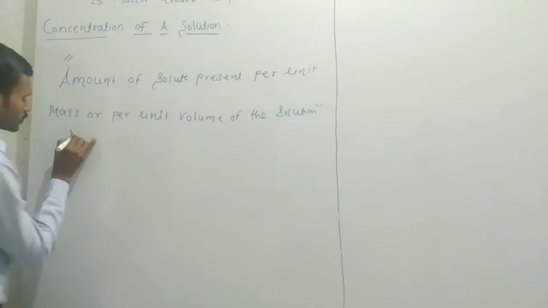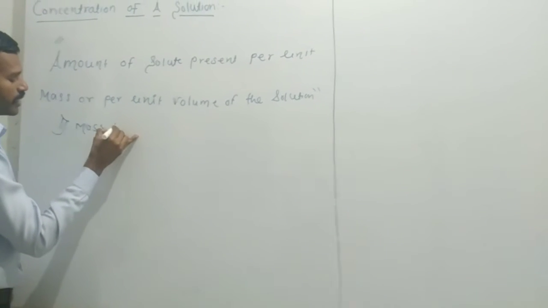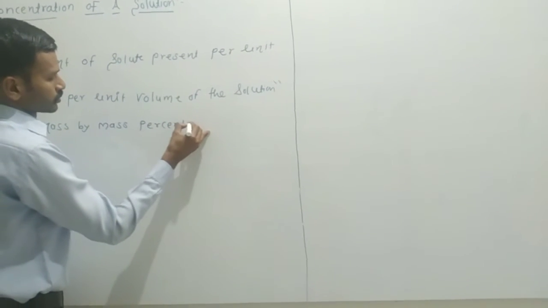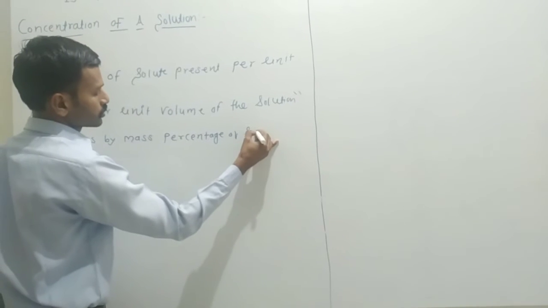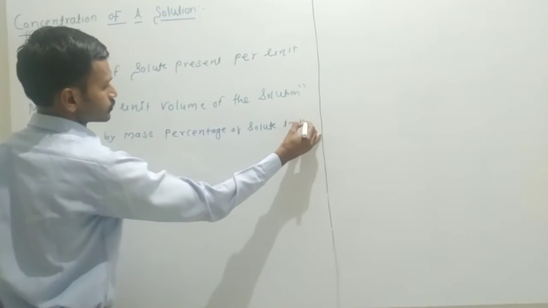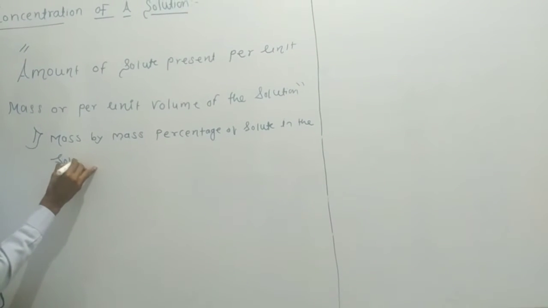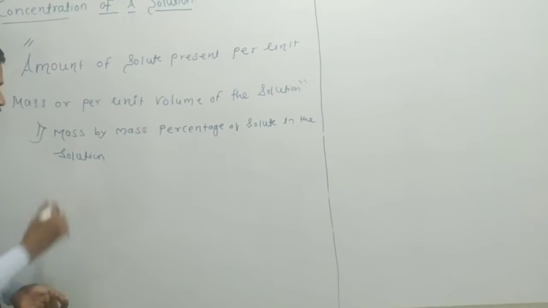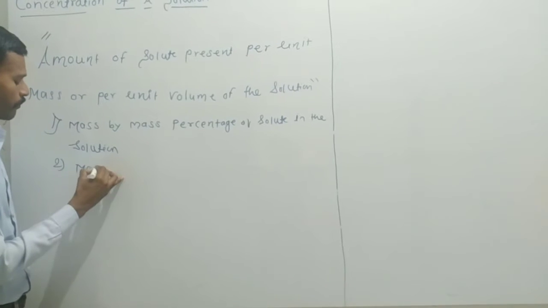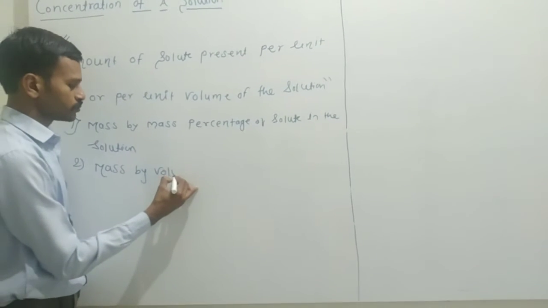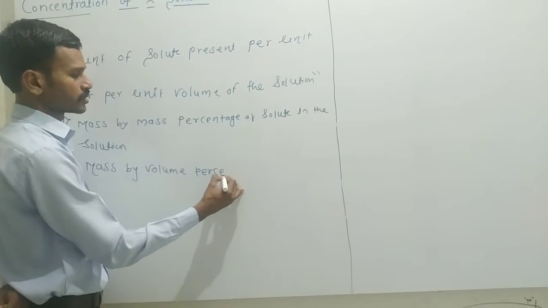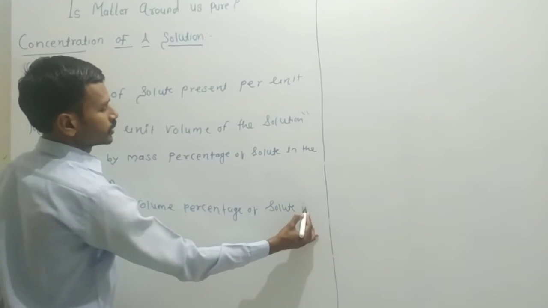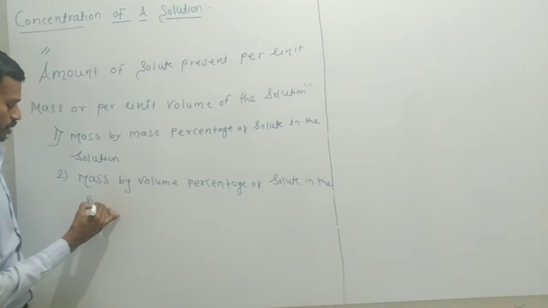The second is mass by volume percentage of solute in the solution.